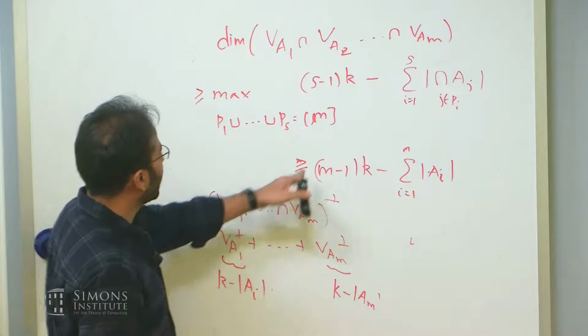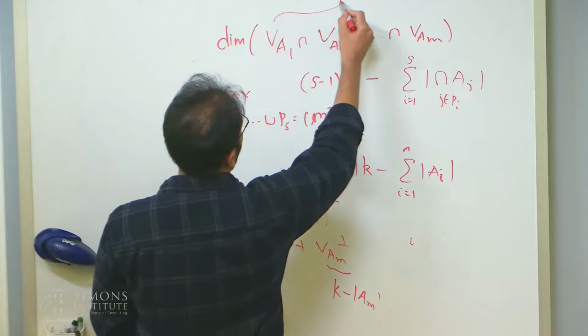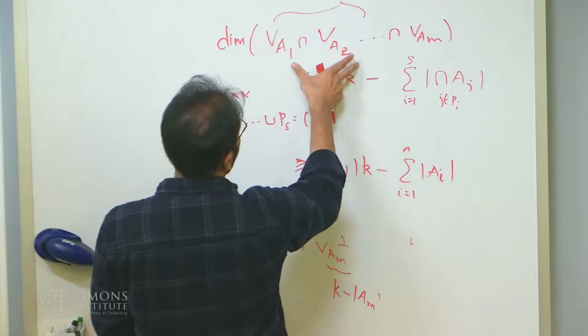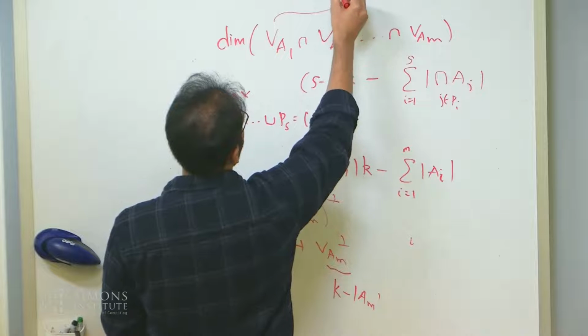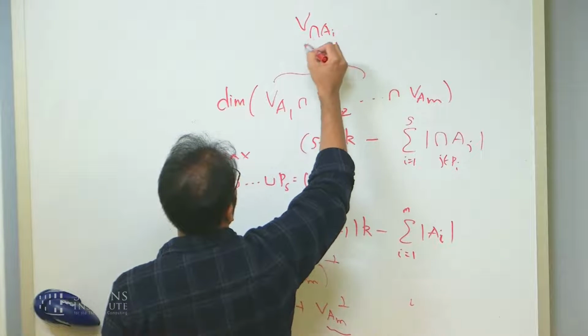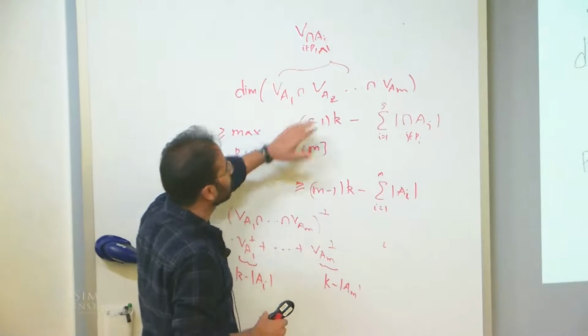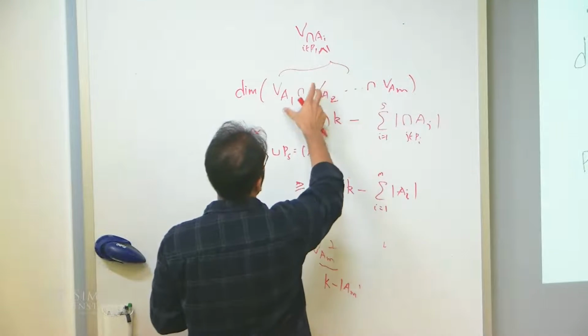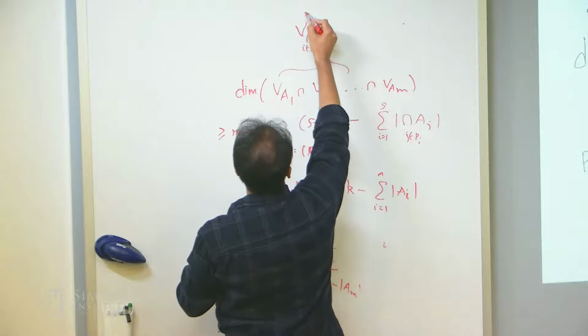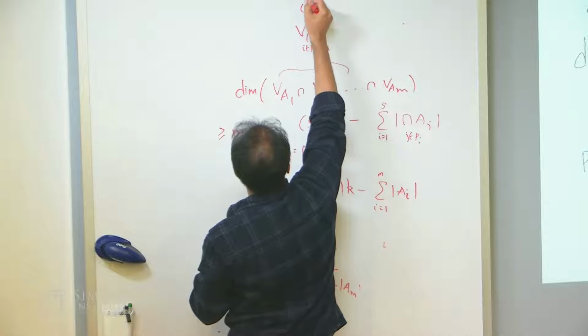But then how do I get all partitions? It's simply that I combine some of these parts, because this thing is always at least, if I intersect the corresponding sets I in P1, that's obviously contained in the intersection of VAI, I in P1.